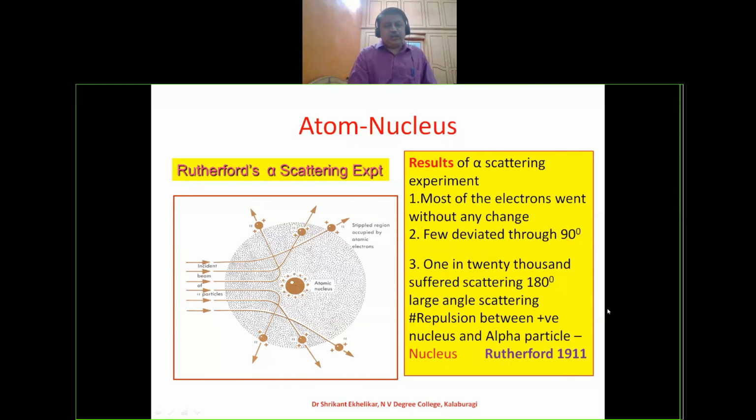The result of the alpha scattering experiment was large angle scattering, which shows that the positive charge is concentrated at a point, therefore the alpha particle is deflected by a large angle. This was named the nucleus by Rutherford.